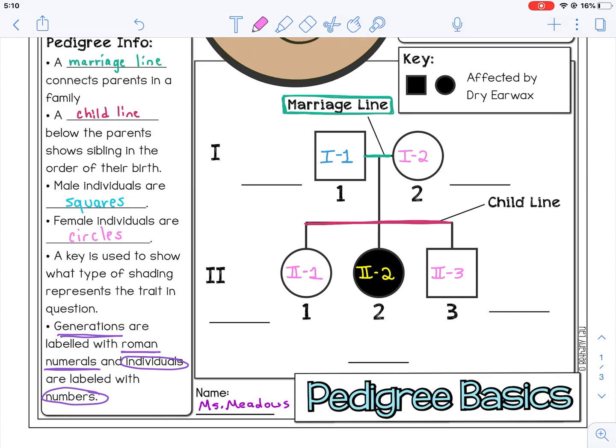The only reason why I used the yellow there was just so that you could actually see it, since that middle circle is filled in. So on the bottom row, we have individual II1, individual II2, and individual II3.